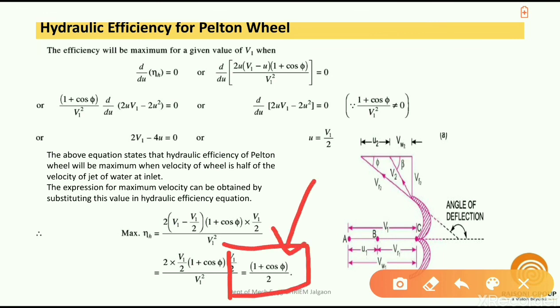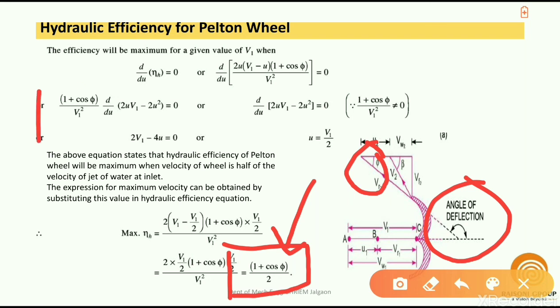Where phi is this angle, the angle between the relative velocity and the direction of the bucket or direction of the wheel velocity. Also it can be calculated from the angle of deflection.